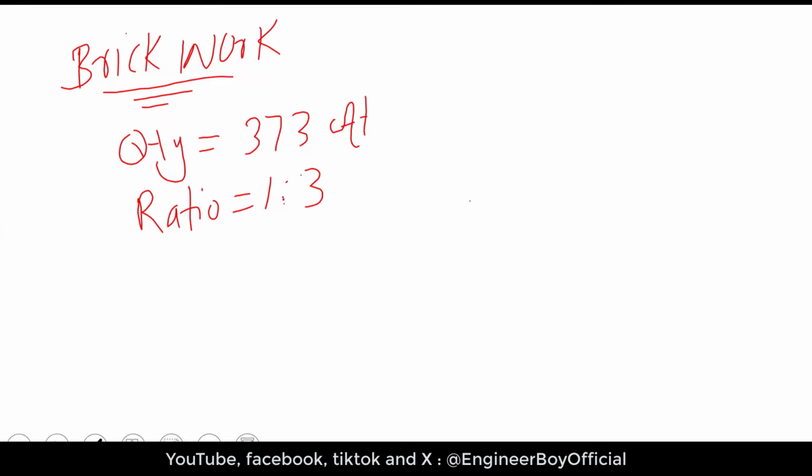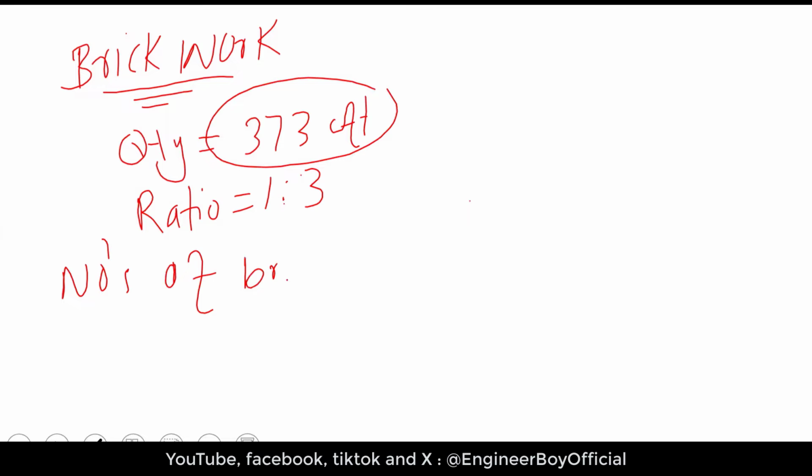Now, if we need to determine the quantity of cement and the quantity of sand, let's say we have the number of bricks. How many bricks should we demand for this same work? The number of bricks should be calculated first.